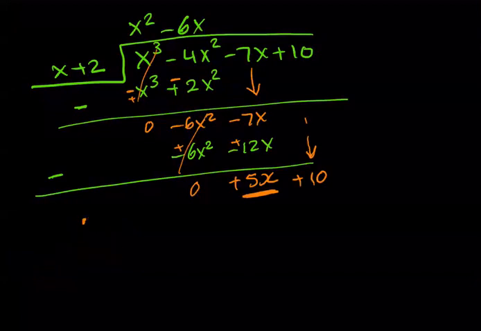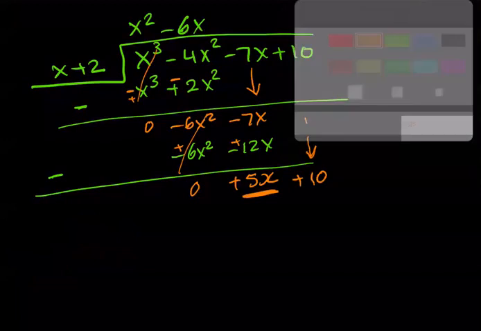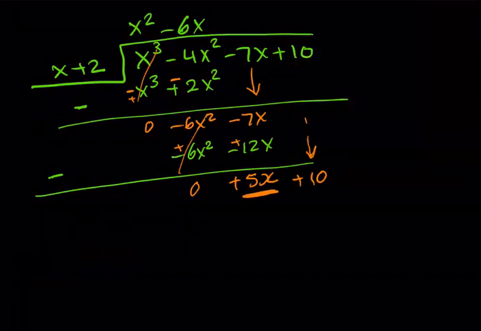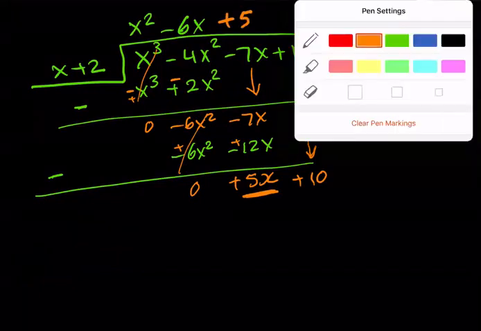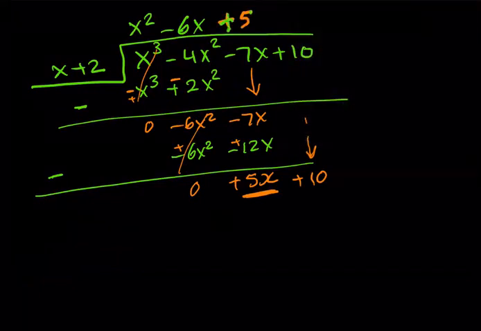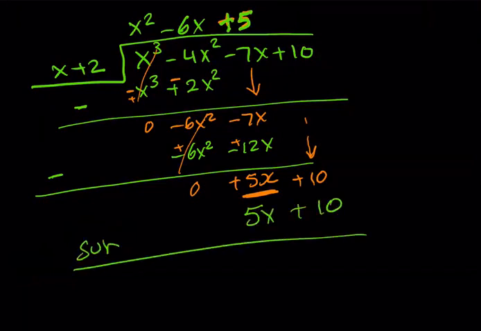Right. So, yeah. Now, 5x divided by x is plus 5. So it's a plus 5. And then 5 times x is 5x plus 10. And then we subtract. Just take away.